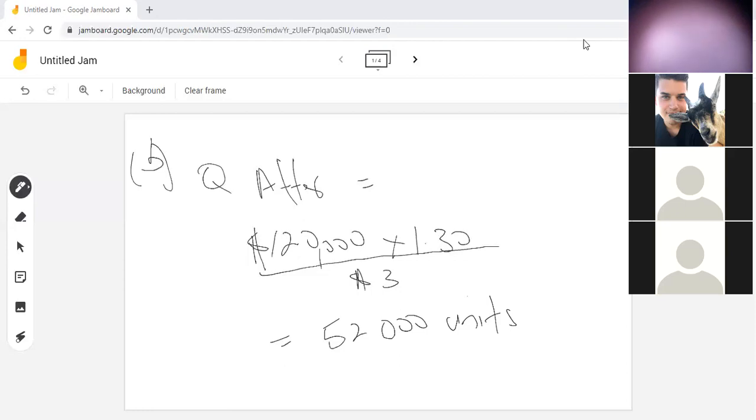Its total fixed costs are 400,000, but 20% of this value is represented by amortization. Its contribution margin, price minus variable cost for each unit sold, is $3.60. So it's giving you the contribution margin. How many units does the firm need to sell to reach the break-even point? I'll give you 2 minutes for this one.